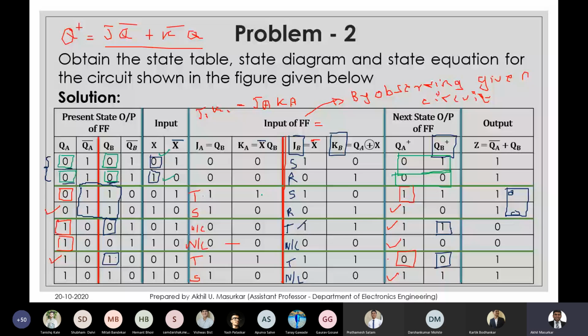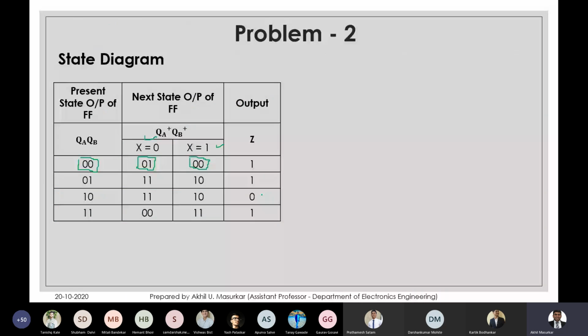So it is very essential to write it very clearly that when X equal to 0, your next state would be 0 1, and when X equal to 1, your next state would be 0 0, and the output will be 1. And this is for the present state of 0 0. So start drawing the state diagram.